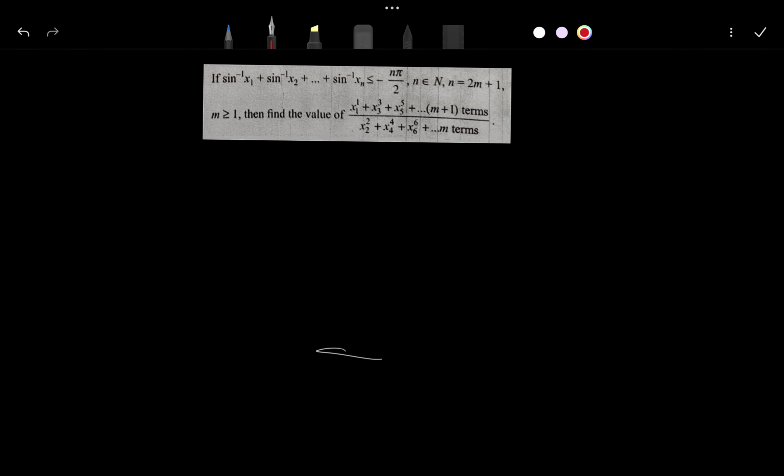That will be this one. See, all of you look at this. Here the question is: sine inverse of x1 plus sine inverse of x2 plus and so on up to sine inverse of xn is less than or equal to minus n pi by 2.